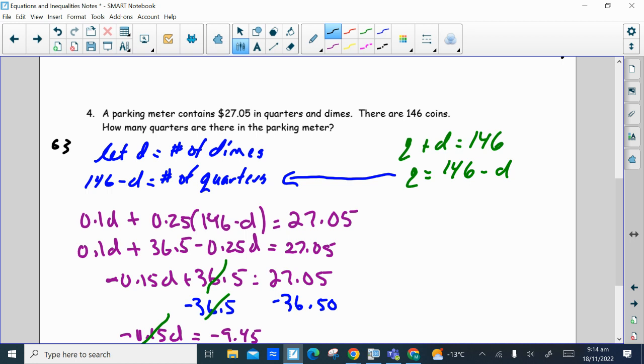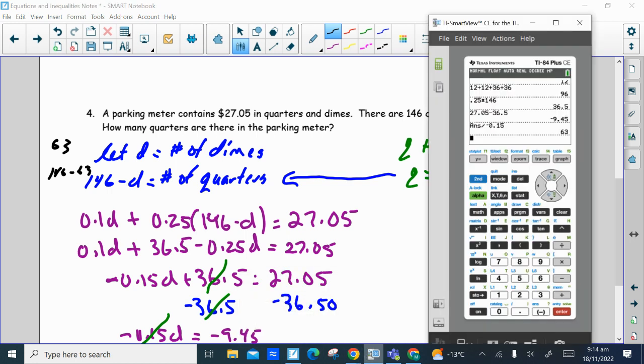That's right. 146 minus 63 would be the number of quarters. So 146 take away 63 is 83.